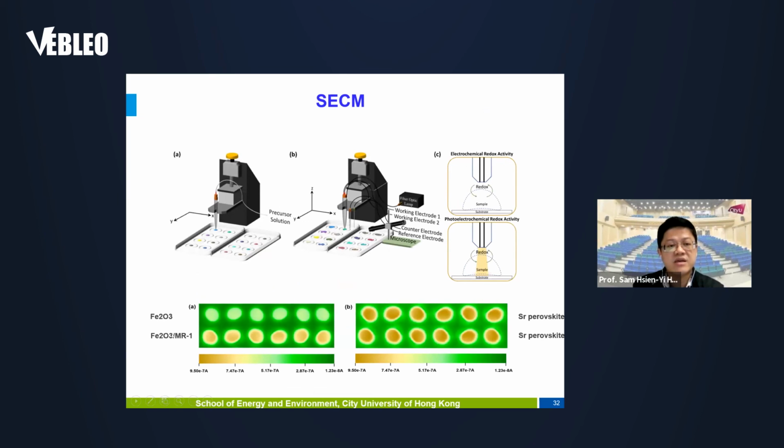MR1 is a bacterium. We compared the performance of the biophotoelectrode and the photoelectrode, and found that the biophotoelectrode shows better performance. We also developed a new kind of non-toxic bismuth hybrid perovskite, which also shows a strong PEC response.